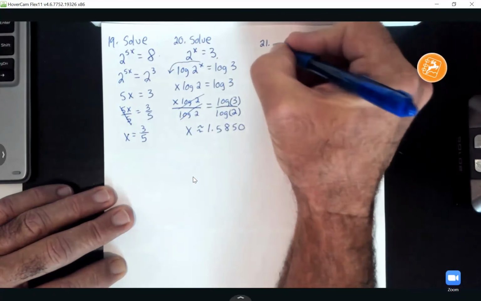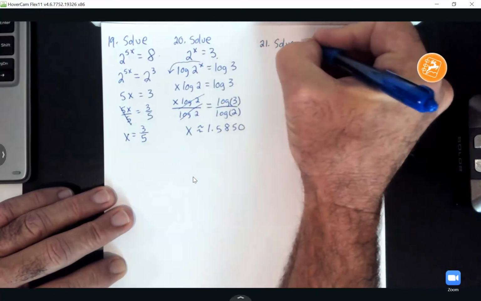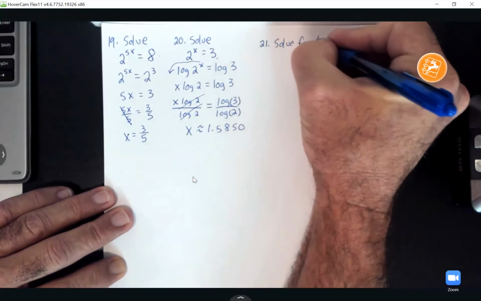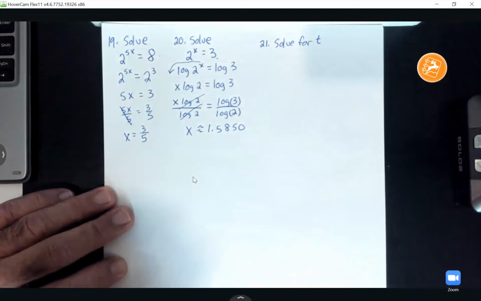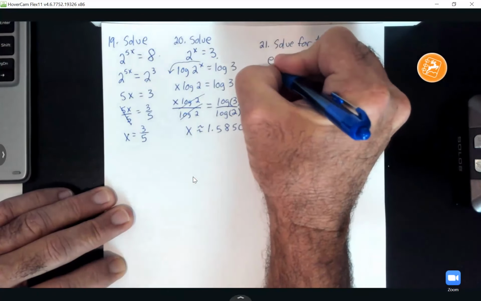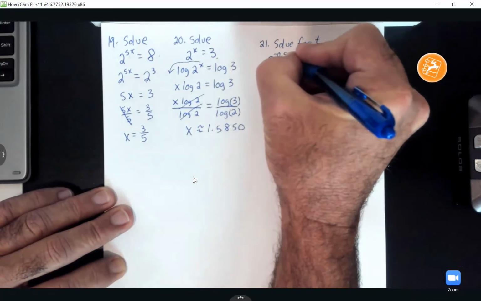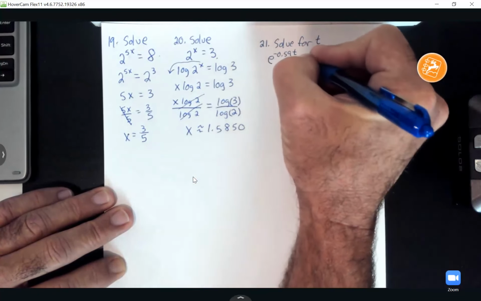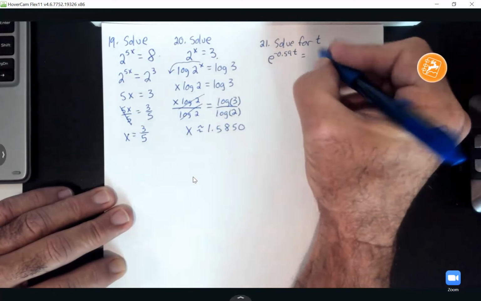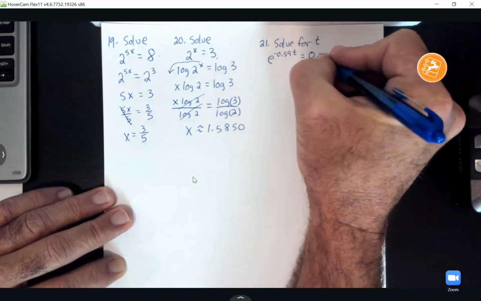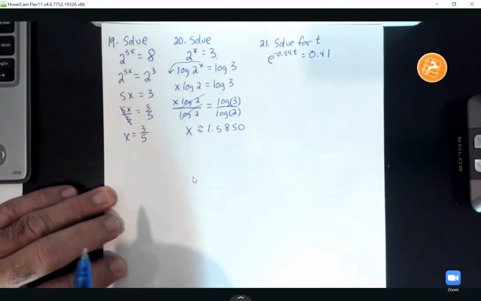Let's see, 21 said solve for t. So I got e to the negative 0.59t equals 0.41.